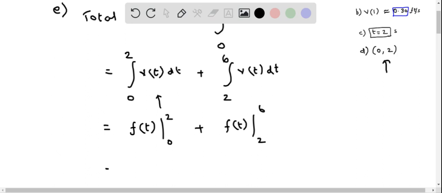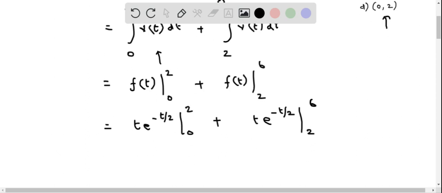So let's replace the position function, which is t times e raised to the power of negative t by 2. And this must be evaluated from 0 to 2. Let's replace the position function t e power negative t by 2. And this is also from 2 to 6. We now evaluate these values.